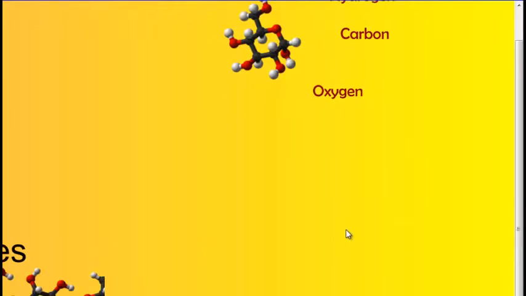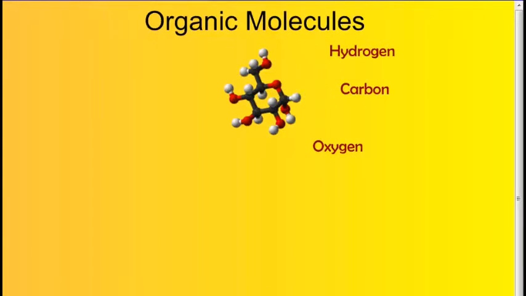And in this diagram, the hydrogen atoms are in white, the carbon atoms are the black ones here, and the oxygen atoms are the red ones right here. And so you'll see there are several oxygen atoms, several carbon atoms, and several hydrogen atoms. But it's these elements that build this molecule.